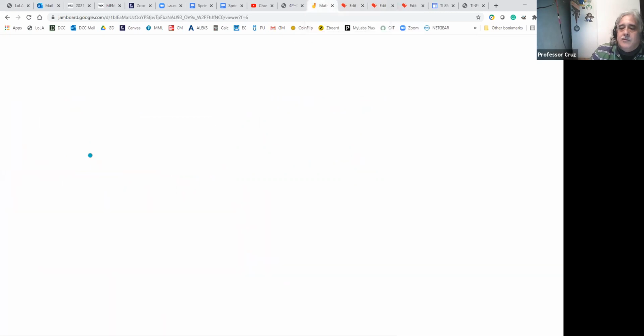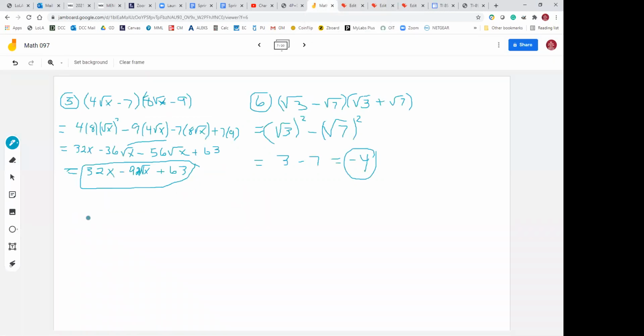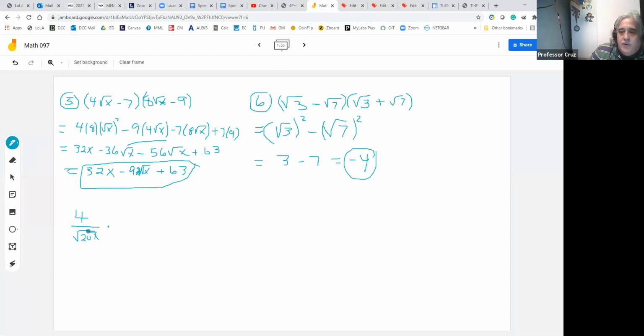4 square roots. All right. So the whole thing's underneath there. So this is 4 square roots of 20x. And then what is 20 times 20? That's like 400, right?